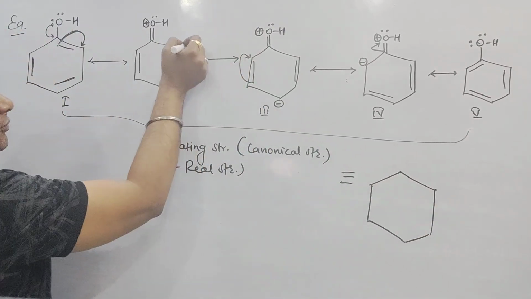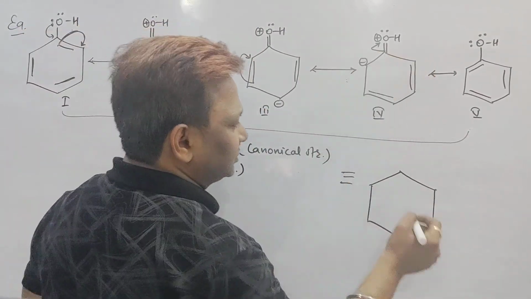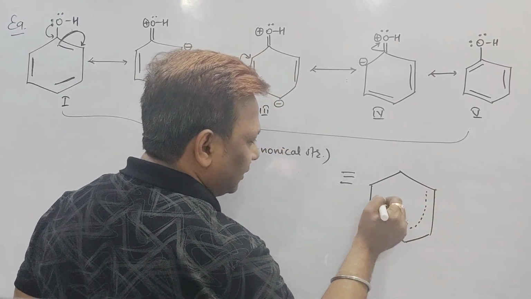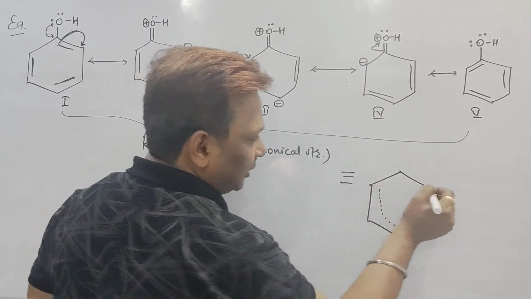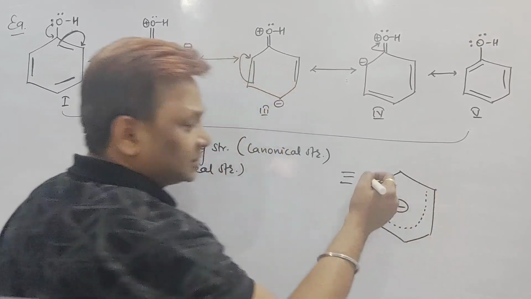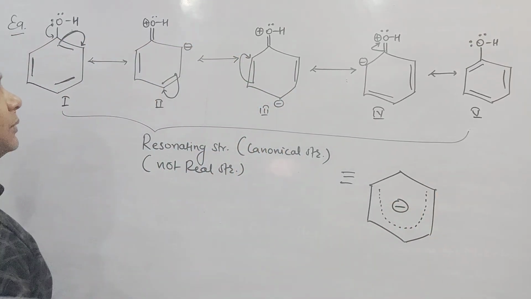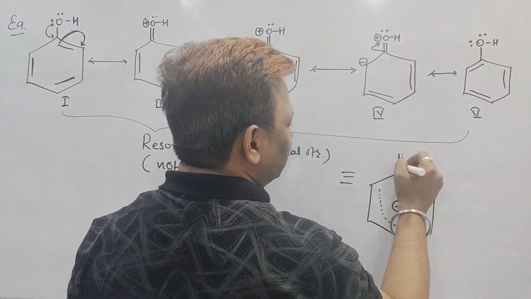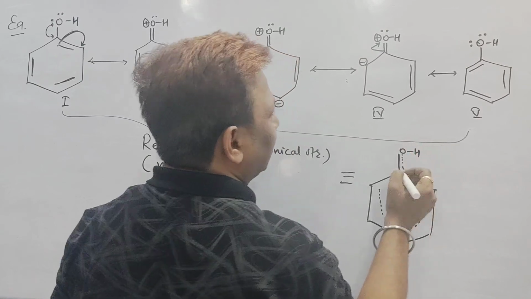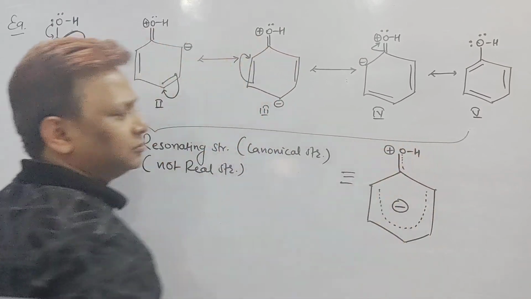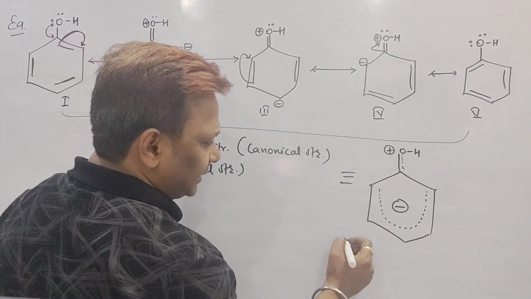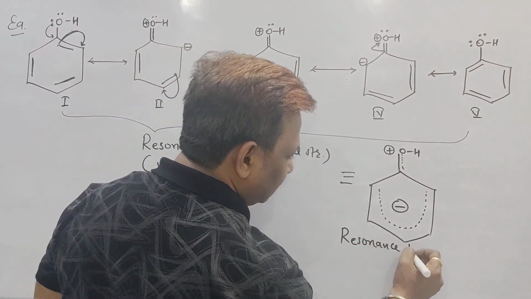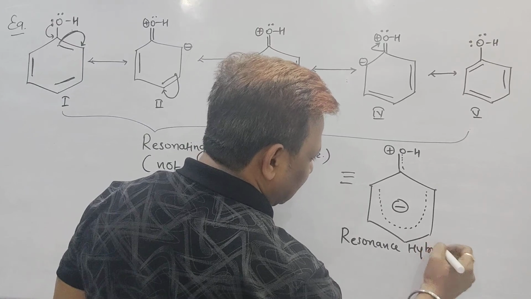See, the negative charge from this position to this position, we can say with dotted lines up to here, because from here to here the negative charge is delocalized. Right beta? And now what will we have? We will have one pi bond also here, bonded with O and H, and it will get positive charge. So this is called a resonance hybrid. Is it clear, beta?